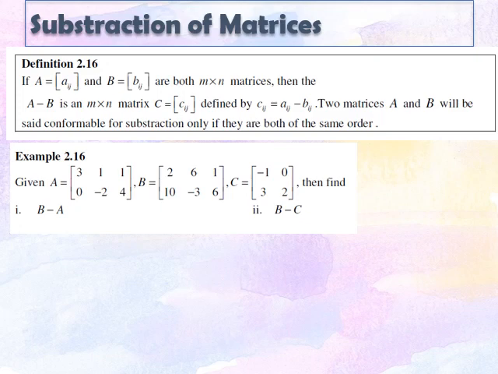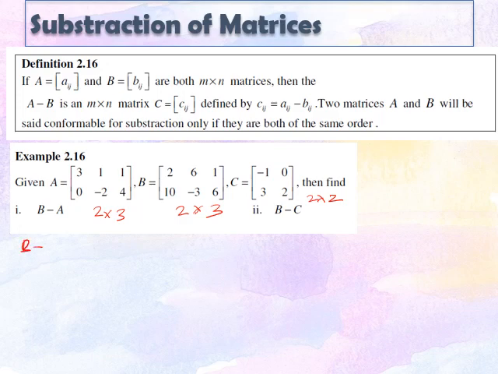It's given A, B, C. So what is the order of A? A is 2 by 3. B is 2 by 3. How about C? 2 by 2. So what is B minus A?